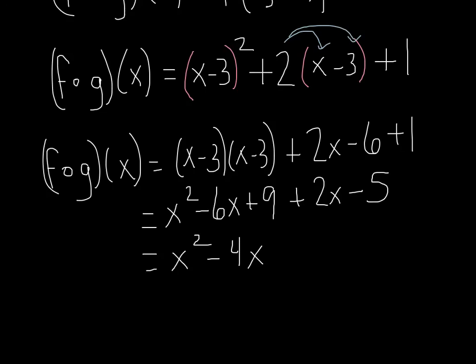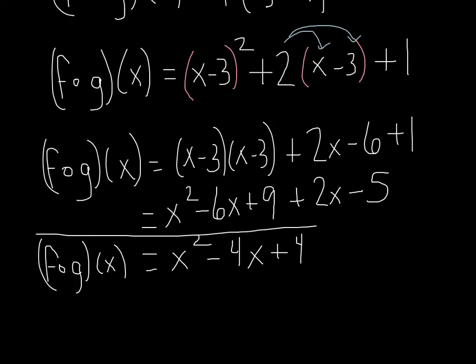And I'm going to combine the 9 and -5, giving me a +4. So the answer requires function notation on the left hand side because we're building a new function. And then we see that's the composition of f composed with g of x.